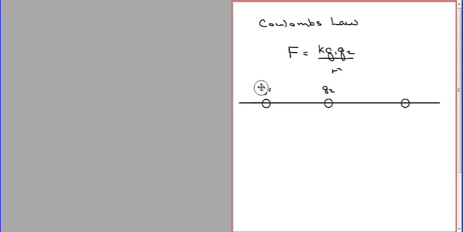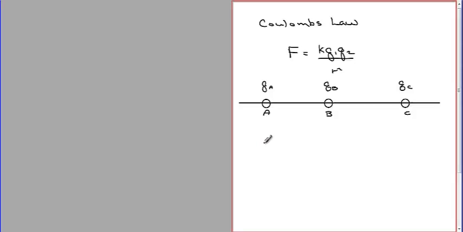Let's use A instead, so that they don't. So we'll call this charge A, call this charge B, call this charge C. And this has charge Q sub A, this has charge Q sub B, and this has charge Q sub C. And in the problem we did in class, we found the forces on all the charges, but we're not going to have time to do that.